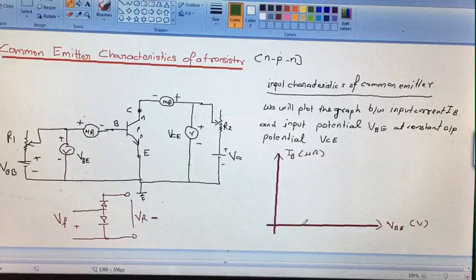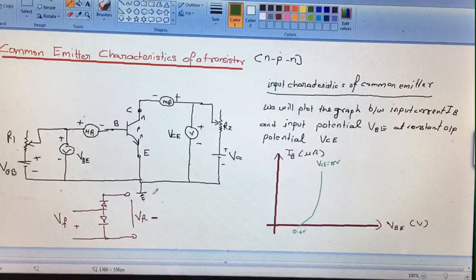This will act as a simple diode, but this is connected to reverse bias. That means the negative potential here will affect its working, so some potential will be dropped. In that case, at a particular point, current will rise suddenly and before it the current will be 0. Let this be our 0.6 volt and a constant collector emitter voltage is 0 volt.